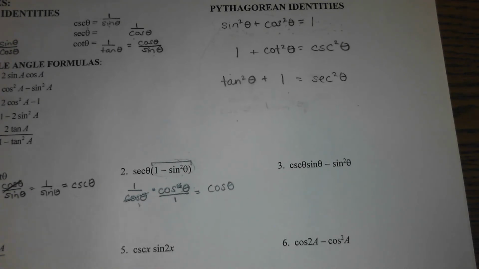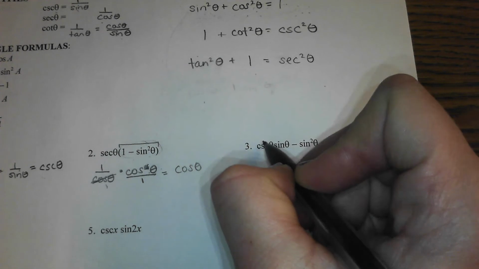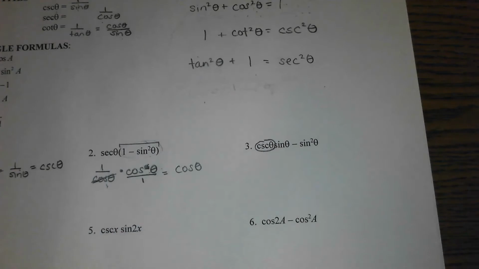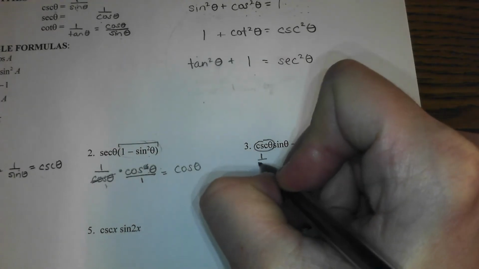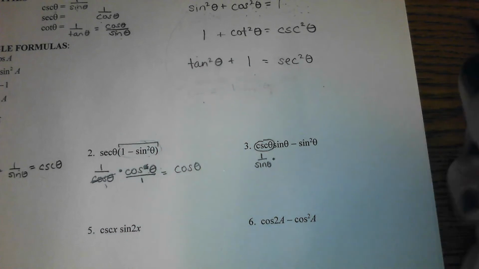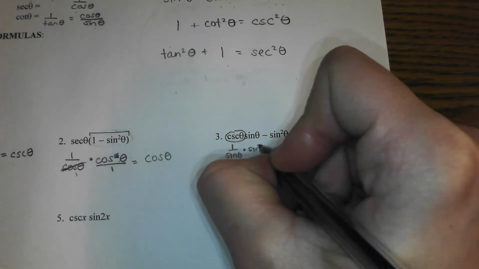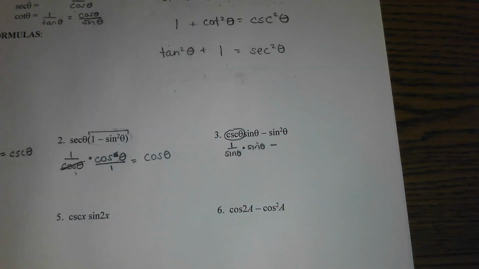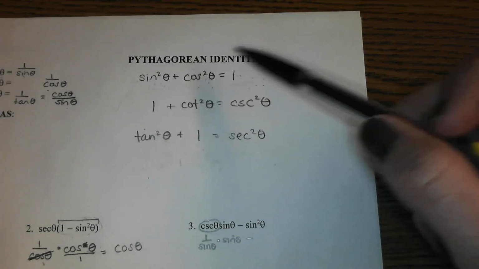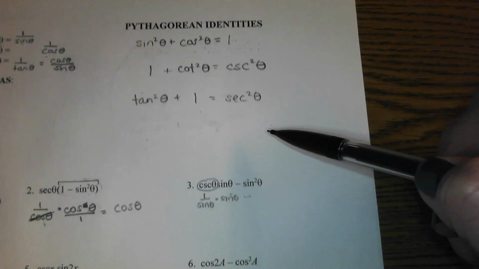Okay, number 3. What are we going to do with cosecant, if anything? 1 over sine times, what are we going to do with sine, if anything? Keep it. Minus, now you could change sine squared. Anytime you see squared things, you should be suspicious of the ability to use a Pythagorean identity.